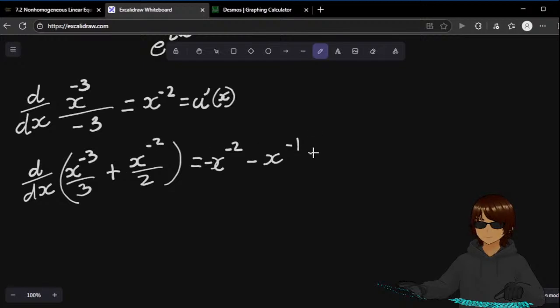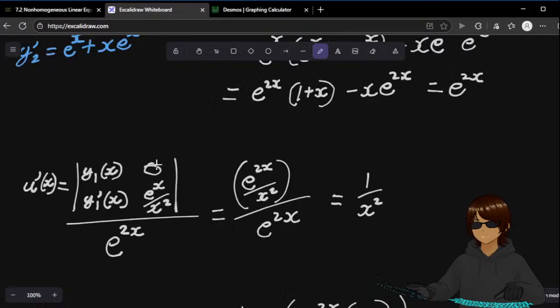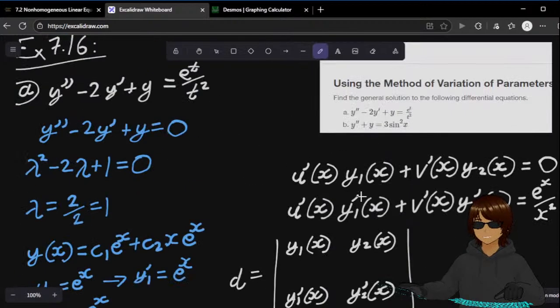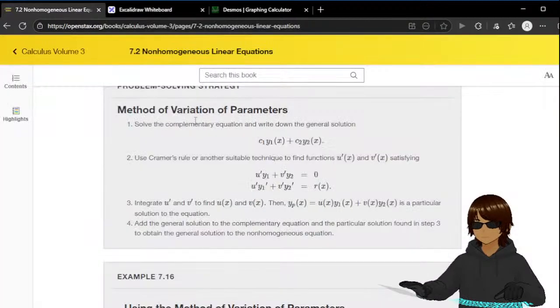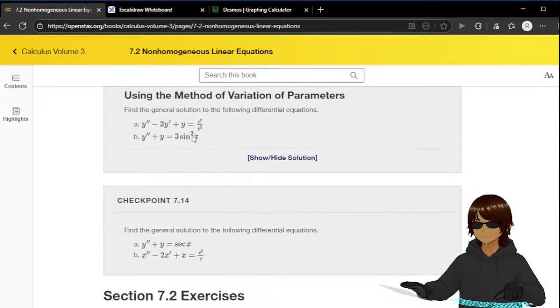Yeah, this is the derivative of v. So the original u is this, the original v is this. So I can substitute that in here and get the particular solution. And that's the particular solution.